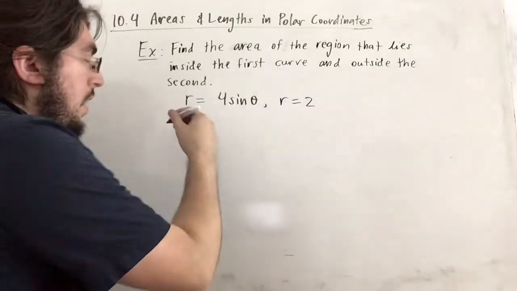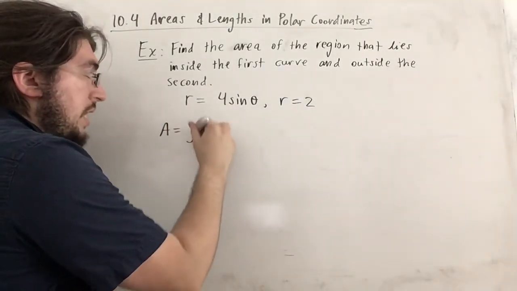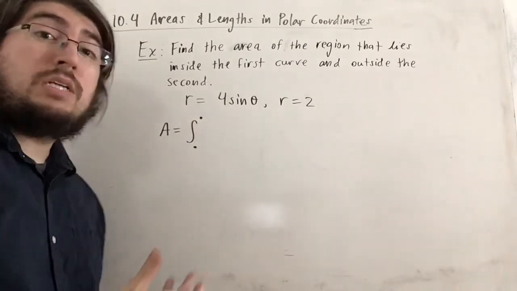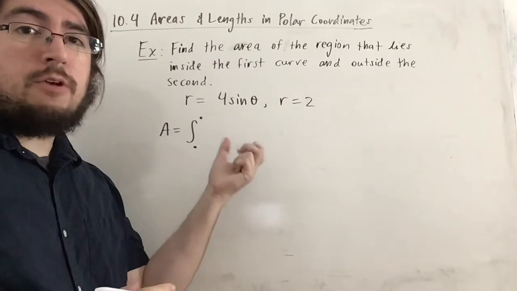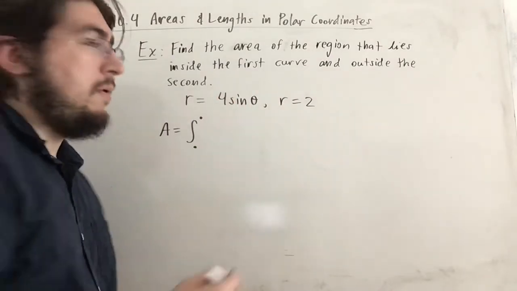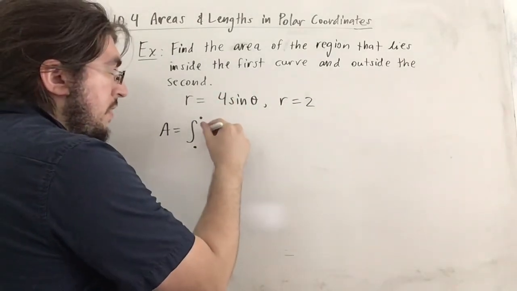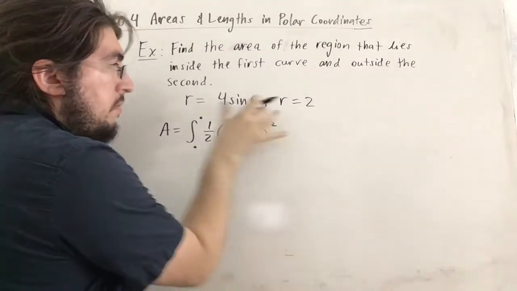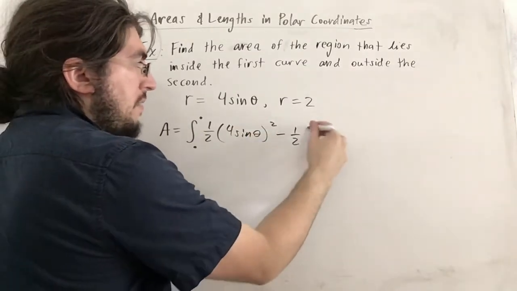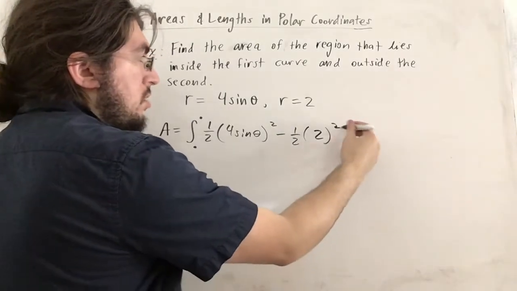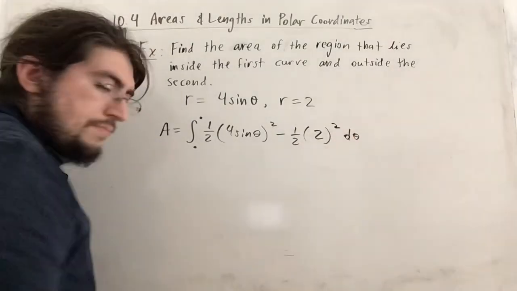So the area we want is, let me write A equals the integral between the 2 limits, which are the points of intersection, which I'll discuss in a bit, of the area formula integrand of each of these. So this one minus that one. So it's going to be 1/2 this r squared, which is 4 sine theta, minus 1/2 this r squared, which is 2 squared, and then d theta.